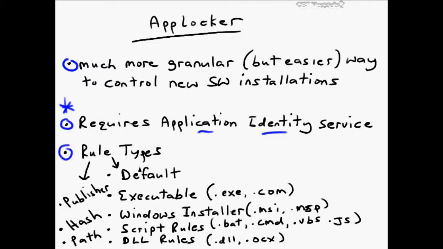Specifically, let's take a look at the rule types. First, we have the general categories of AppLocker rules, the ways you can restrict the software in terms of what files. First, we have default rules. And what you're going to see here, actually, let me preface this discussion.